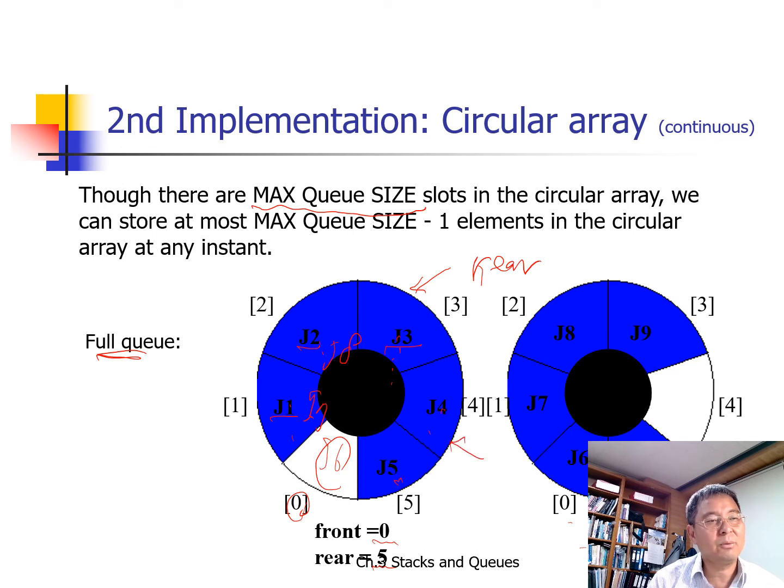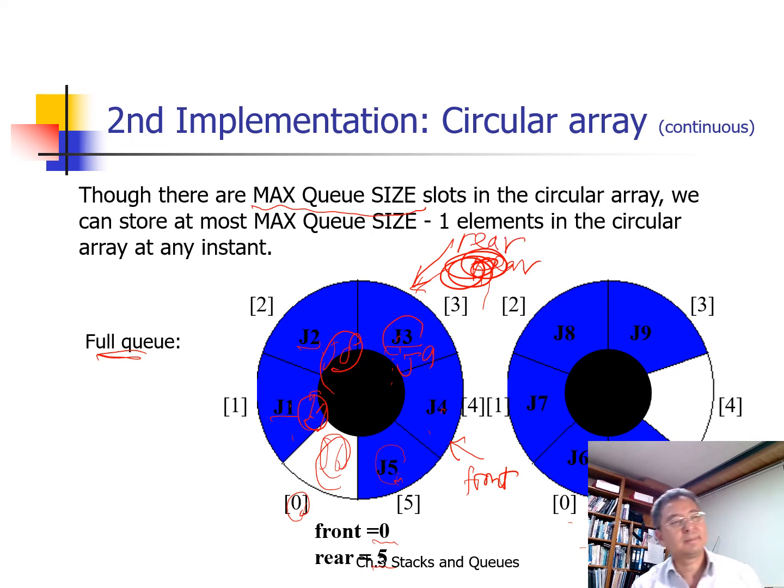Then front will point to J5, and after that J6 is stored here, J7 is stored here, J8 is stored here, J9 is also stored here, and this one is the rear index.